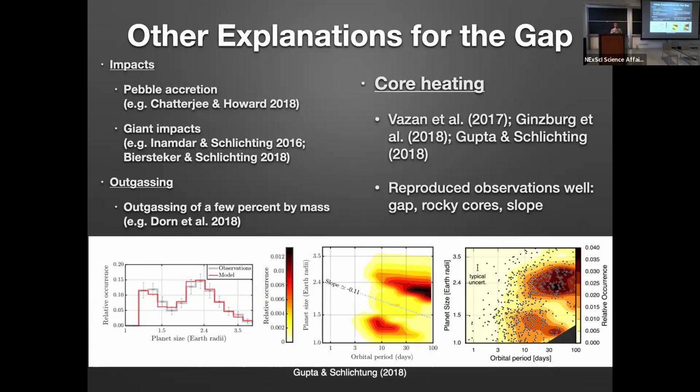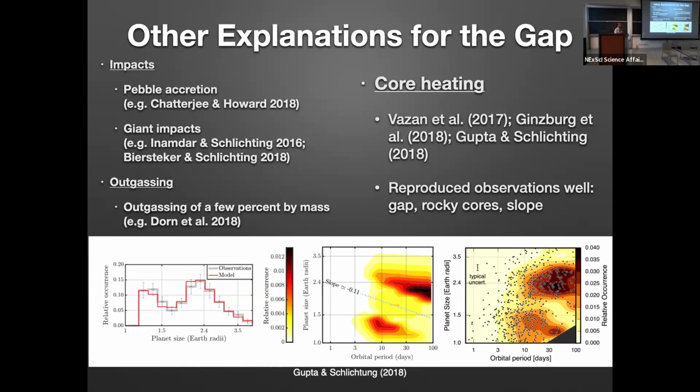You could do the same thing with giant impacts instead of a bunch of small impacts as well. You could also go the other direction. You could evaporate it away completely or start with very little atmosphere and then outgas a few percent by mass of volatiles from volcanism at very late stages and still end up with a similar radius distribution.